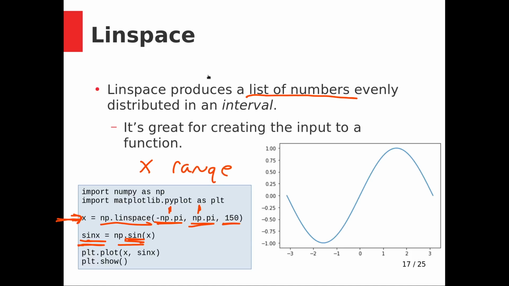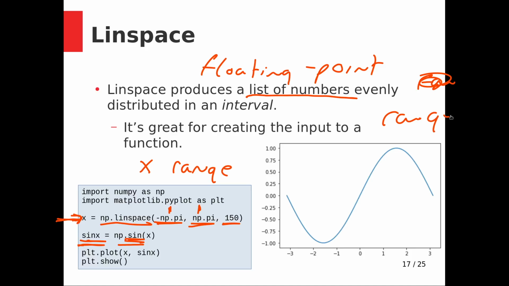So I guess in that sense, it is sort of like a floating point range function, right? That might be a decent way to think of it, that it's doing what range is doing, but for floating point numbers and with intervals other than 1. Then I can just call sine of that and get a nice little sine function over that interval. See?